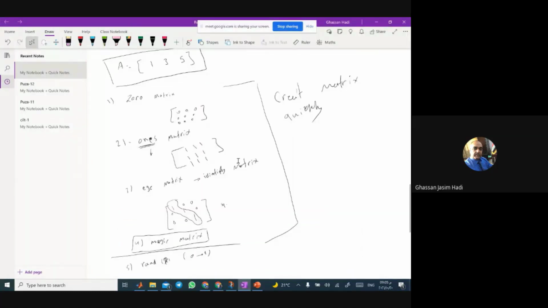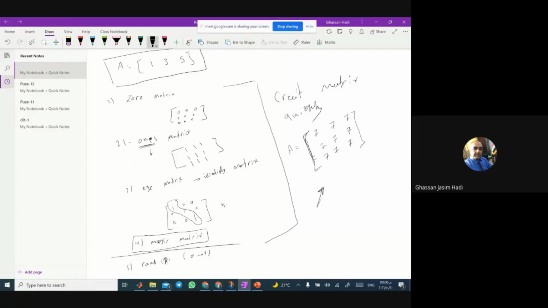If you want to make a matrix like this, 7, 7, 7, 3 by 3, and every number is 7. What's the procedure to input this?